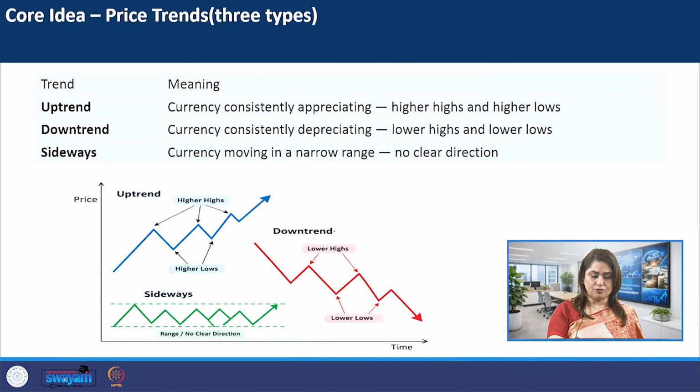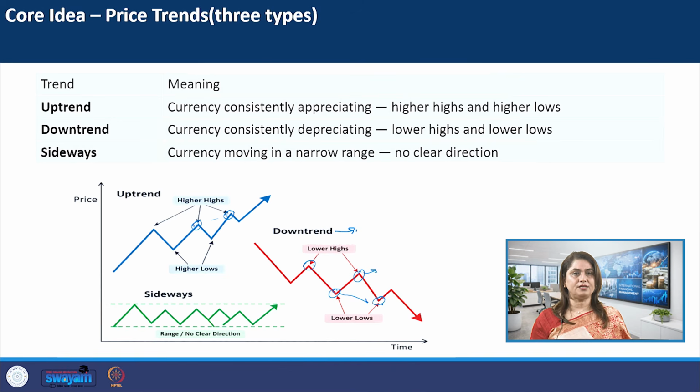Now, here we see that in case of the downturn, each consecutive higher is lower than the previous higher, and each lower is also lower than the previous lower. While in upturn, we will see that this particular higher is higher than the previous higher, and this particular lower is higher than the previous lower.